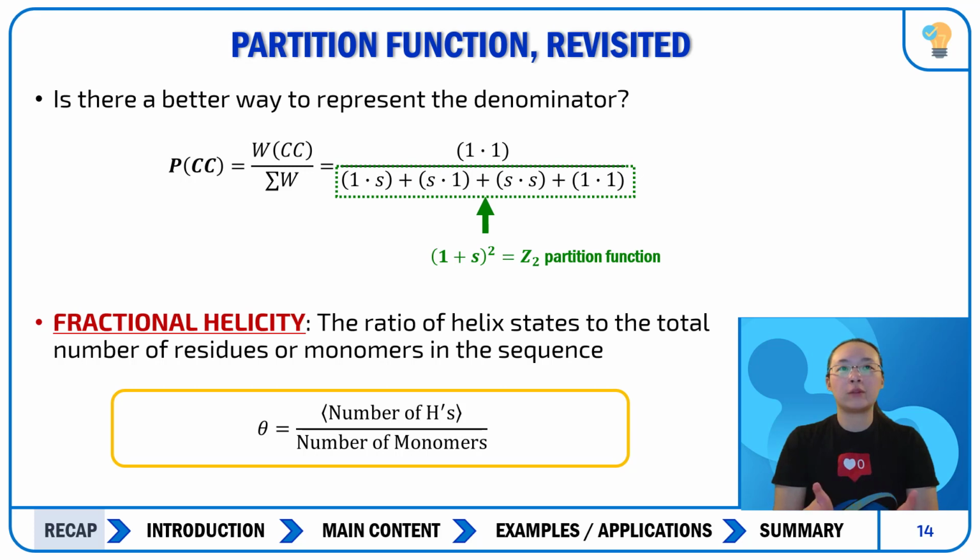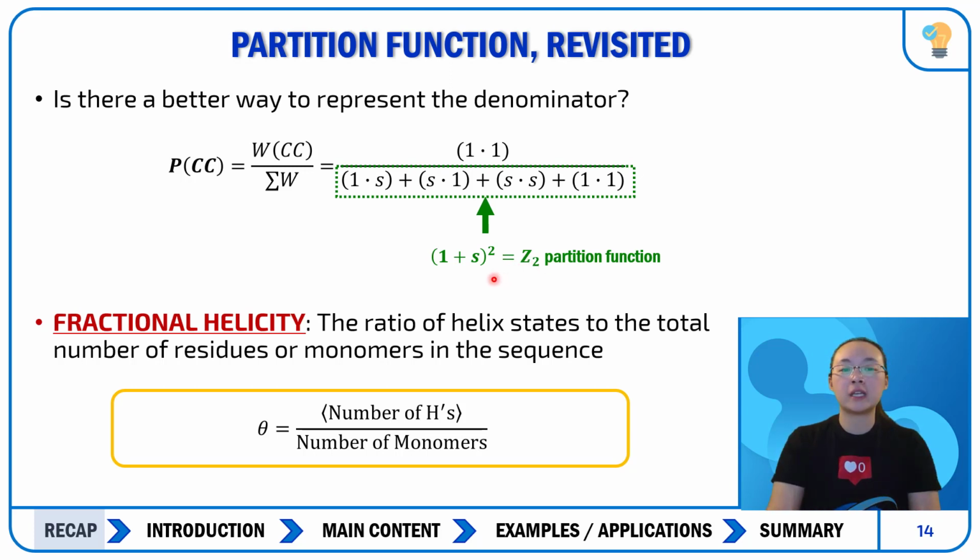Next, we figured out that we could find the probability of each sequence by dividing its individual multiplicity. So if I wanted the probability of getting the CC sequence, I divide the multiplicity of CC by the total multiplicity, which is calculated by your binomial expansion or your partition function, depending on how many monomers or subunits you have.